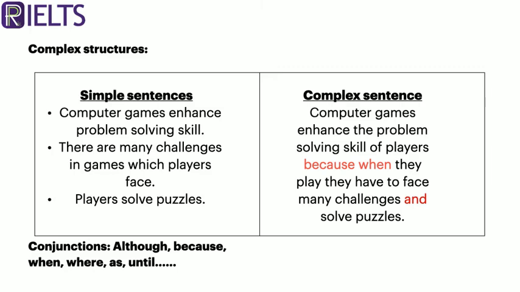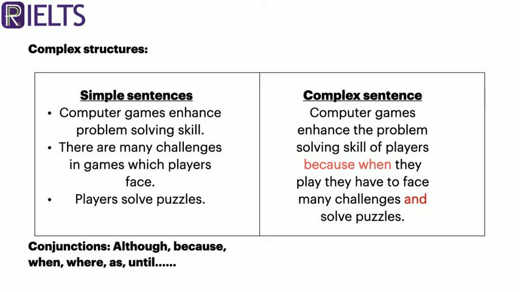So you can see on the left hand side there are simple sentences. Computer games enhance problem solving skills. There are many challenges in games which players solve puzzles, right? So I have converted these three sentences into one complex sentence by using some conjunctions, right?